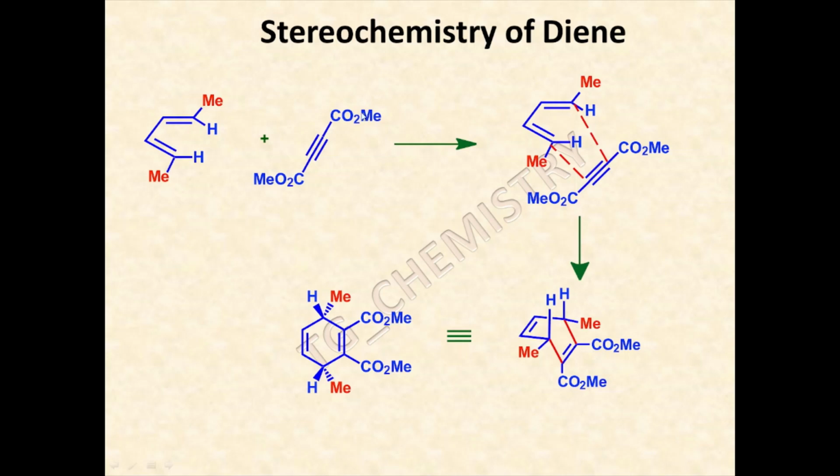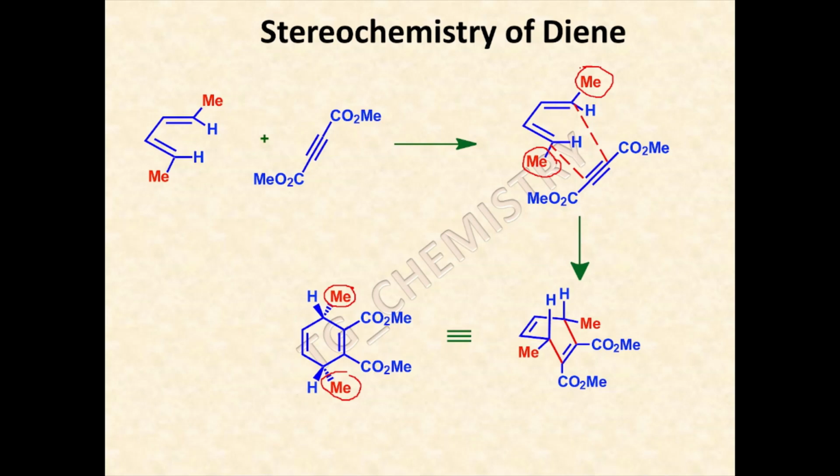Assume this dienophile approaches the diene from the bottom phase like here. These two methyl groups are the outside substituents, so eventually in the product they have to go below the plane. You see these two methyl groups are below the plane, meaning they have adopted the beta configuration, whereas the two inside substituents, which are hydrogen atoms, adopt the alpha configuration.